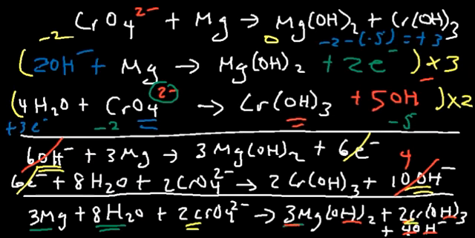And now for the oxygens, we have 8 oxygens here, plus another 8, that's 16. 3 times 2 is 6, 2 times 3 is 6, that's 12, plus 4, 16. Everything is balanced. And then finally the charges. So 2 times -2 is -4, and 4 times -1, -4. So everything is balanced in this video.